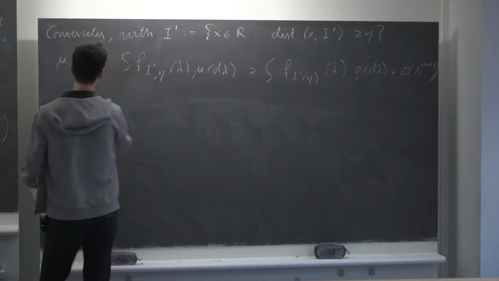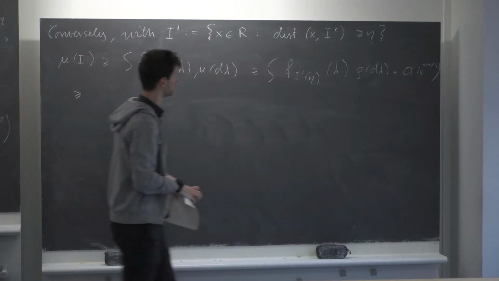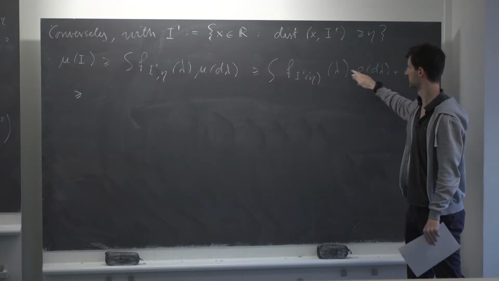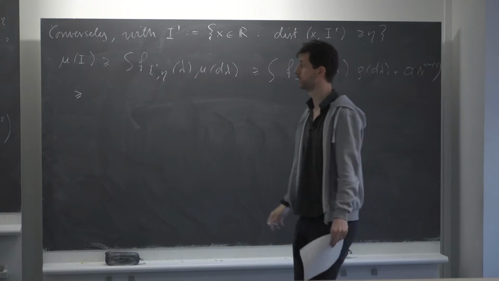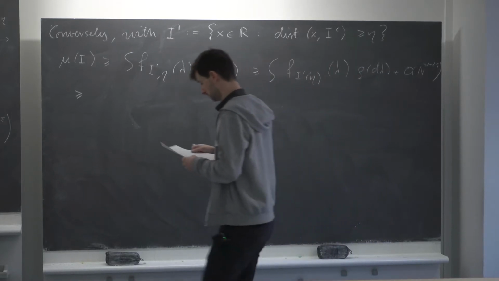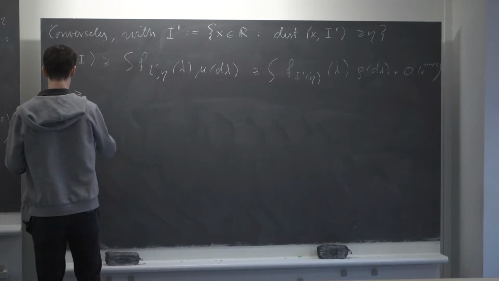And now I do the same thing using the fact that rho has a bounded density. This thing is the same as the integral over I or I prime, it doesn't matter, up to an error term of order eta times the density, but the density is bounded.